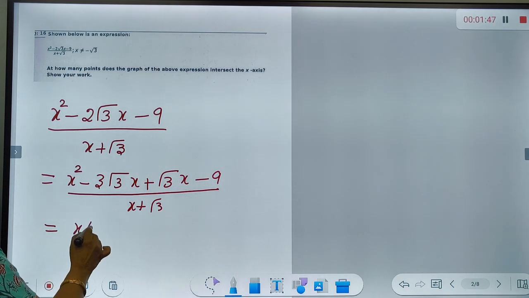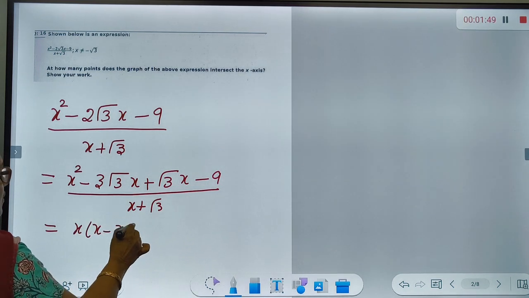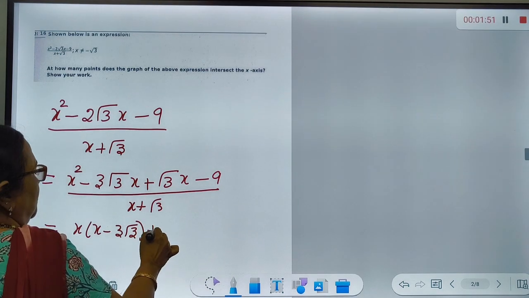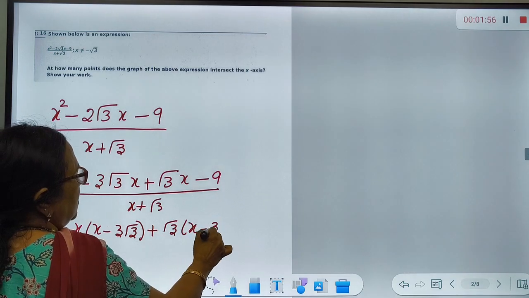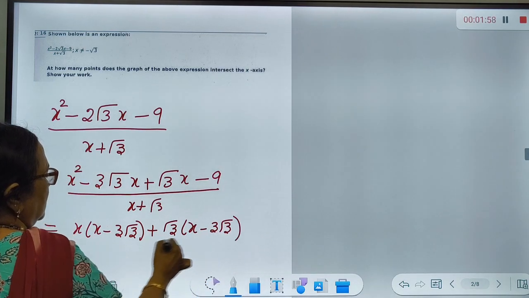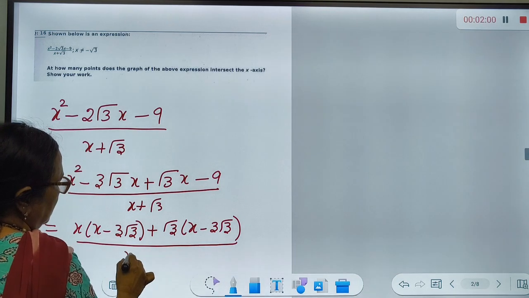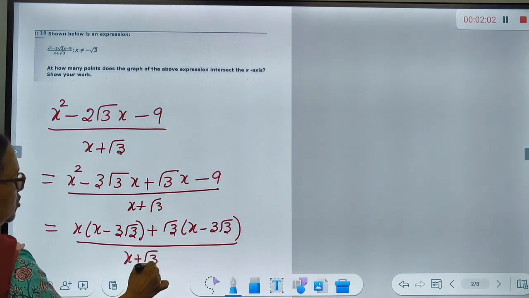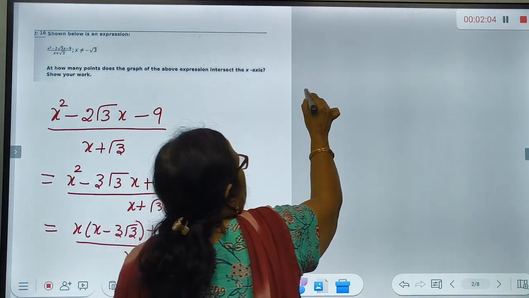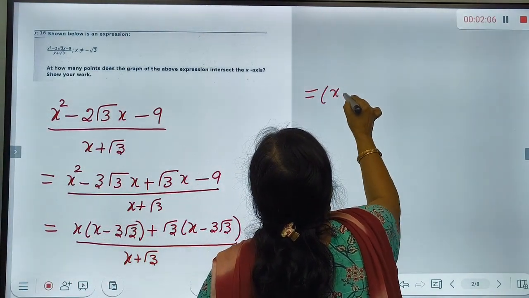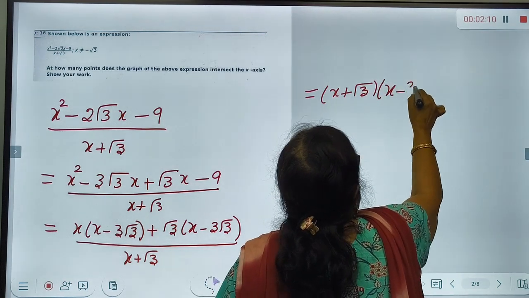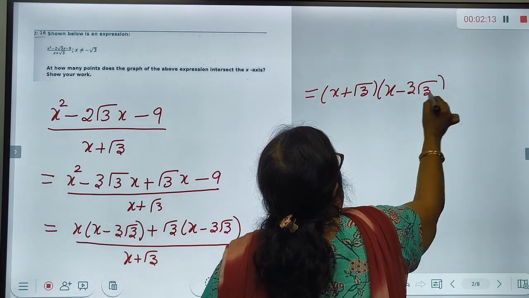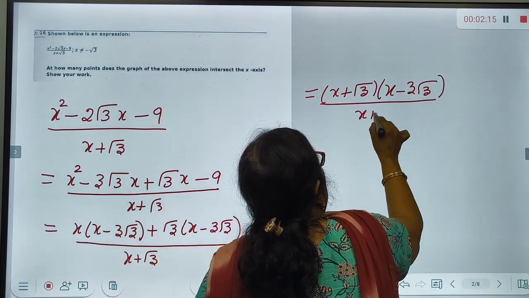This gives x into x minus 3 root 3 plus root 3 into x minus 3 root 3 by x plus root 3. So this can be further factorized as x plus root 3 into x minus 3 root 3 by x plus root 3.